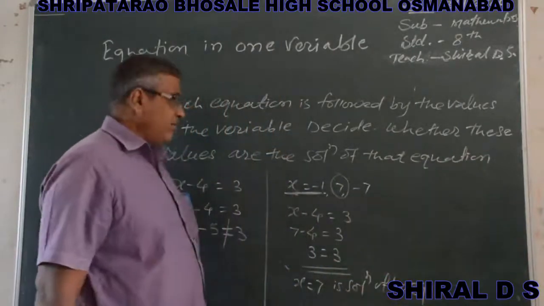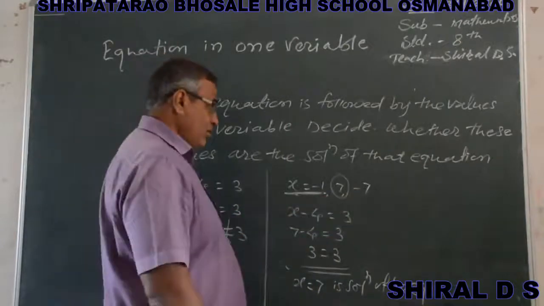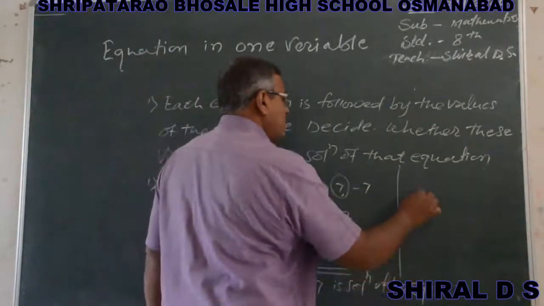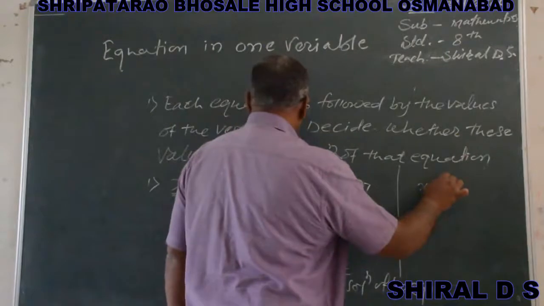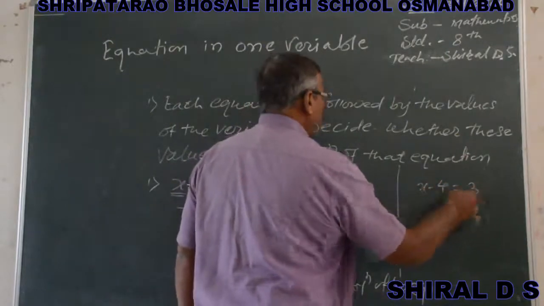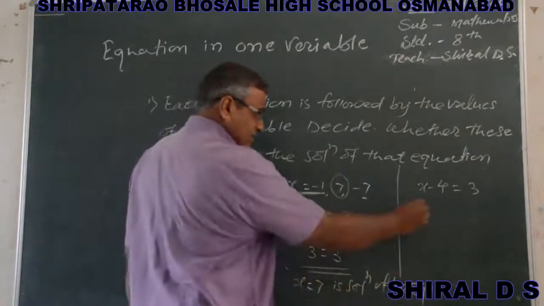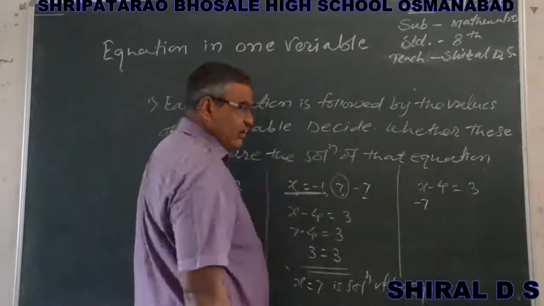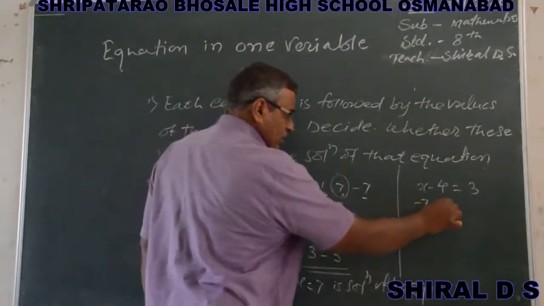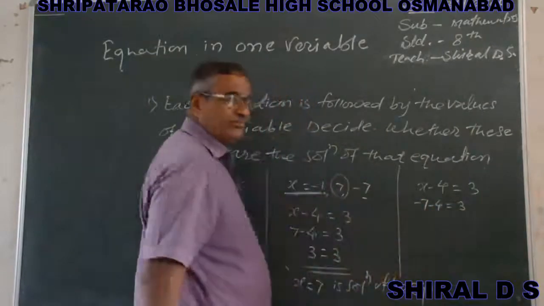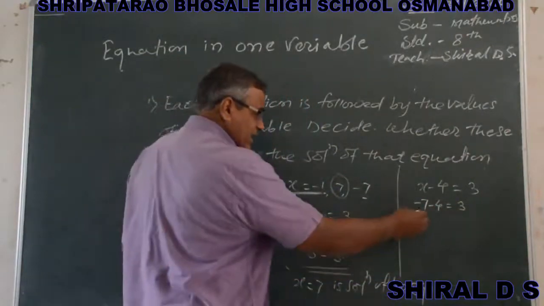Then we put here minus 7. We know that the equation is x minus 4 is equal to 3. Then we put here x is equal to minus 7, minus 7 minus 4 is equal to 3. But addition takes place here.